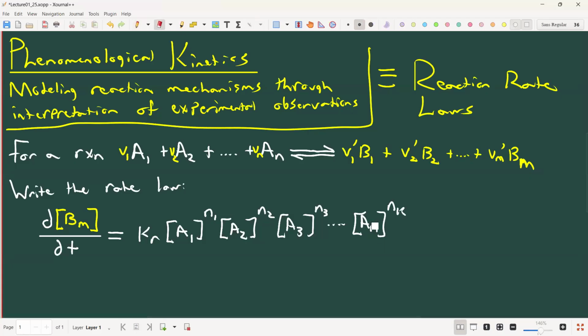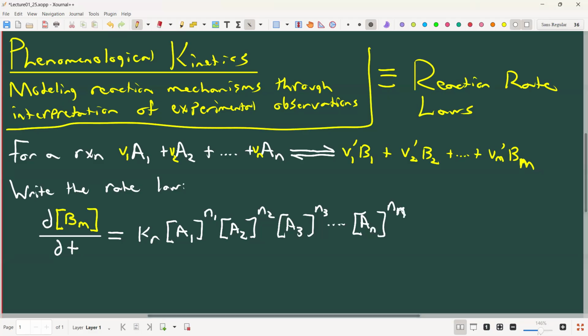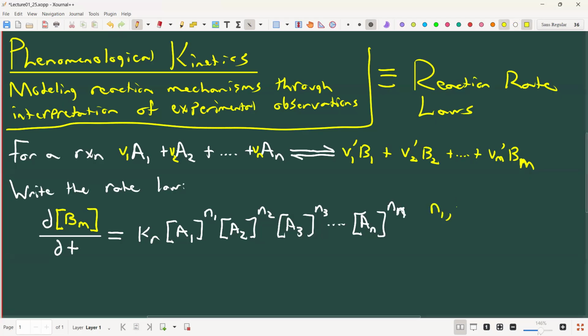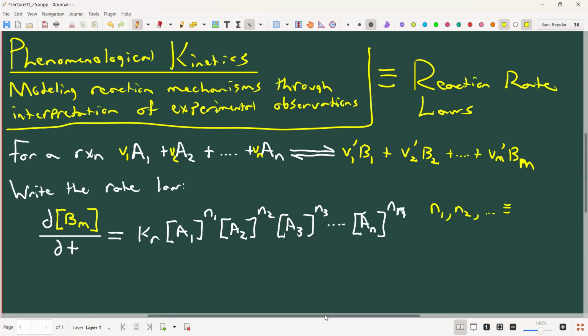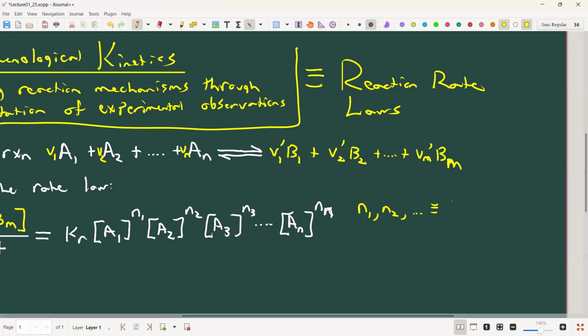All right, this A sub K is said. Or N sub N, yeah, N sub N. And it depends, so the values of N1, N2, and so on, these are called the reaction order.